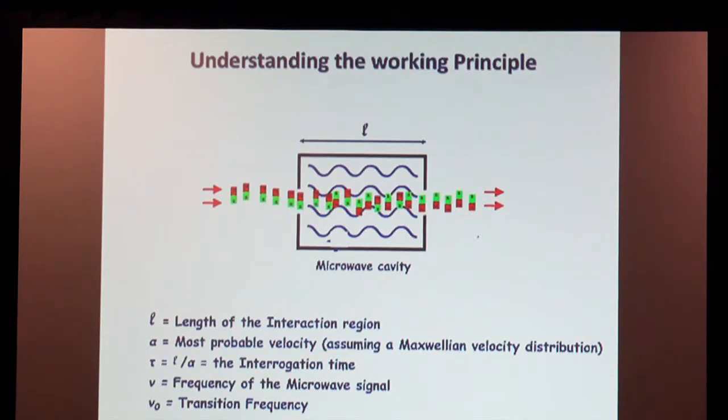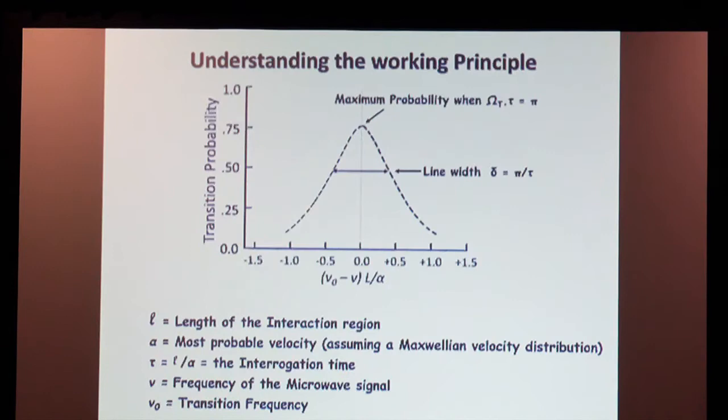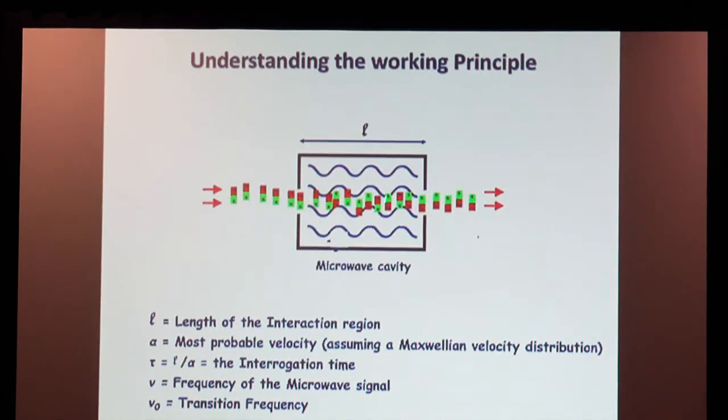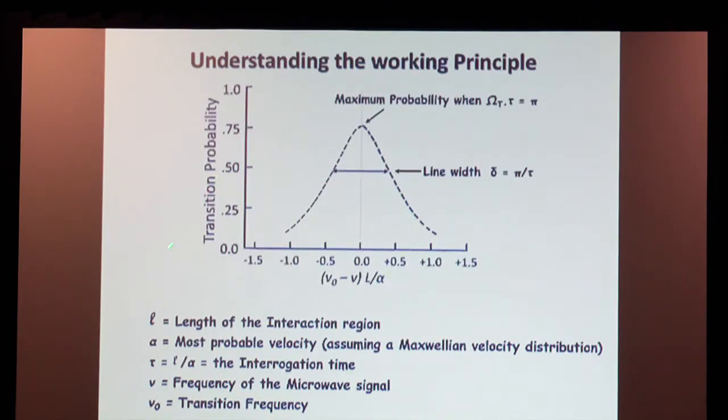That's the interrogation time. Now, it turns out that when the atoms see the microwave for time tau, the probability that they will make a transition looks like a Gaussian, and the maximum probability happens when this condition is satisfied. This is the transverse Rabi oscillation frequency, which in a way is directly proportional to the microwave signal intensity.